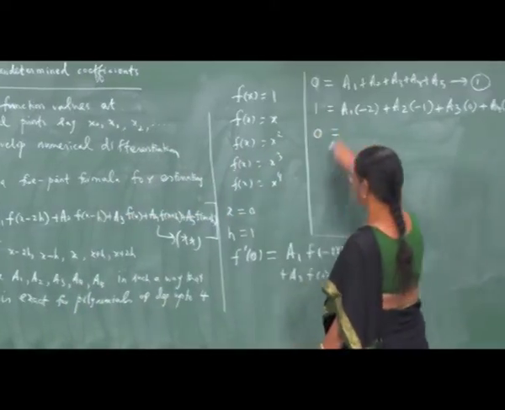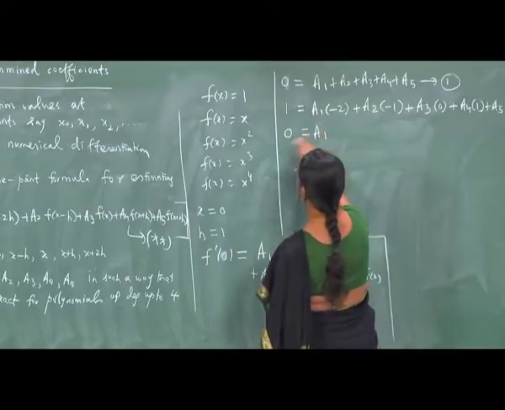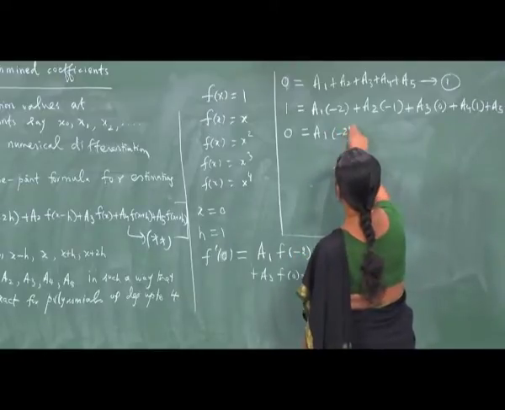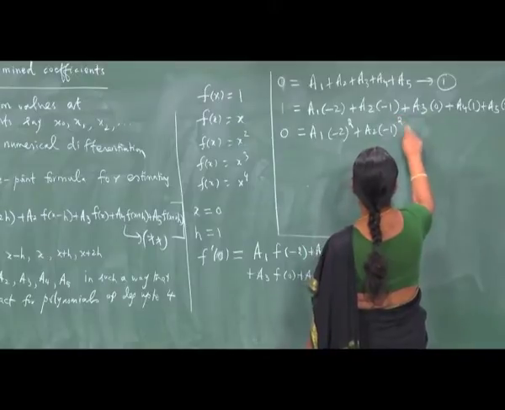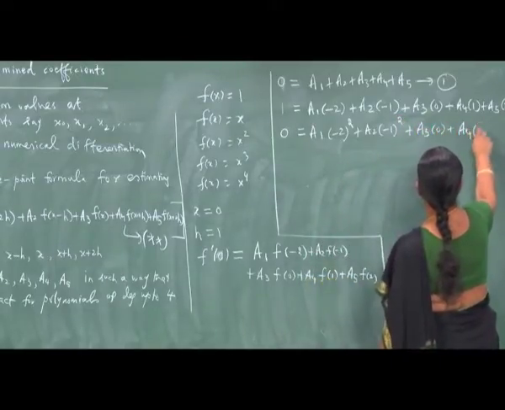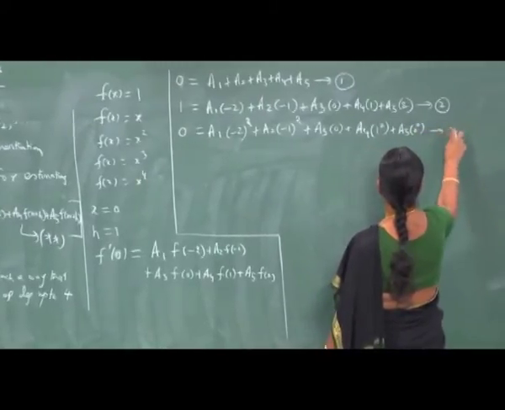So, it will be 0 and that is equal to a1 into f at minus 2, which is minus 2 the whole square, a2 into minus 1 the whole square plus a3 into 0, a4 into 1 square plus a5 into 2 square.